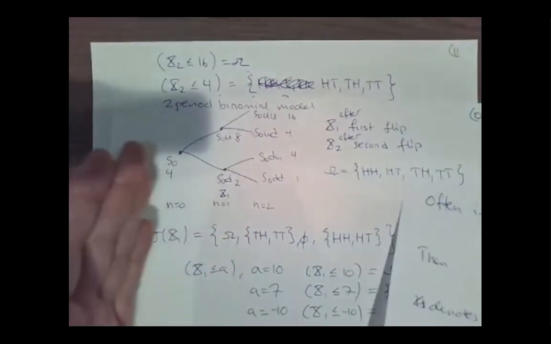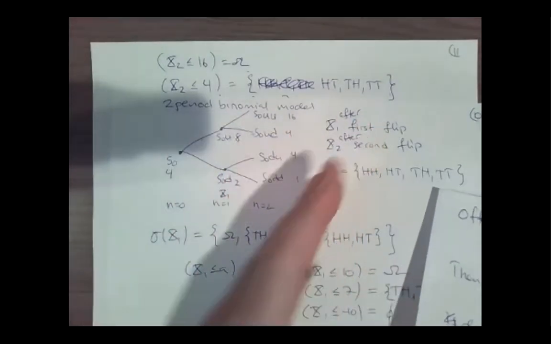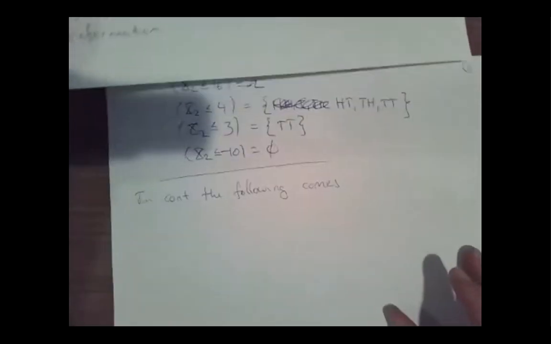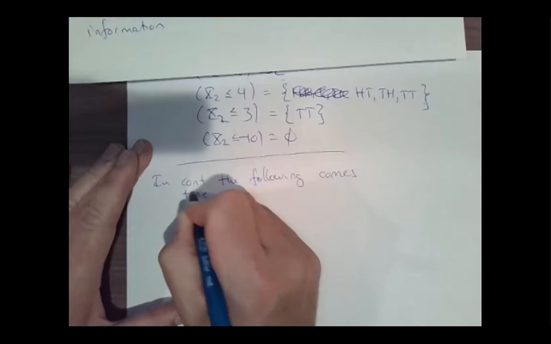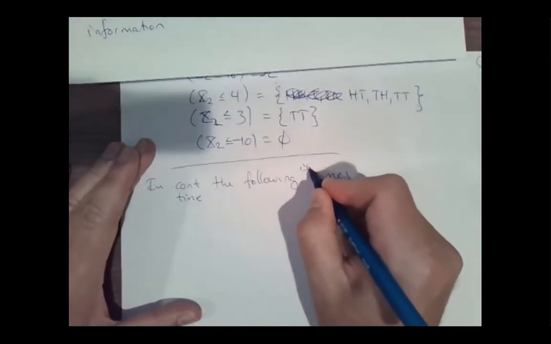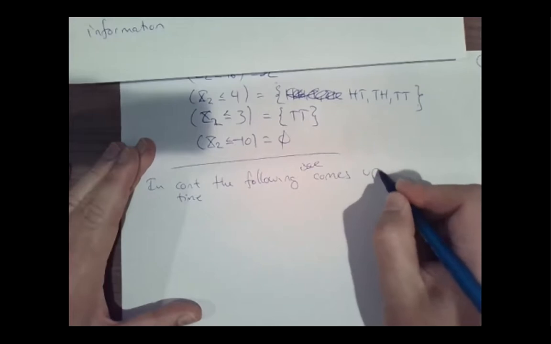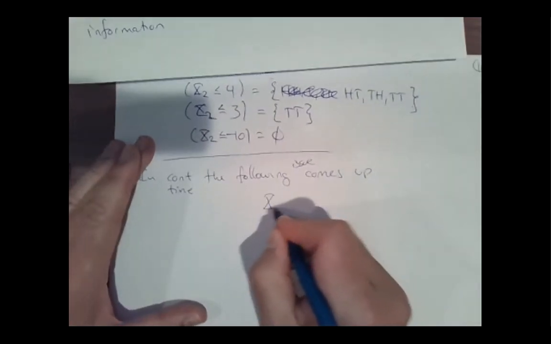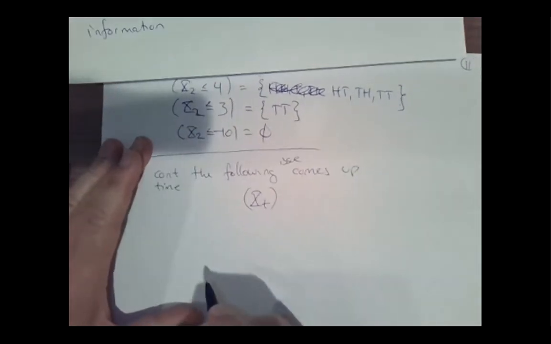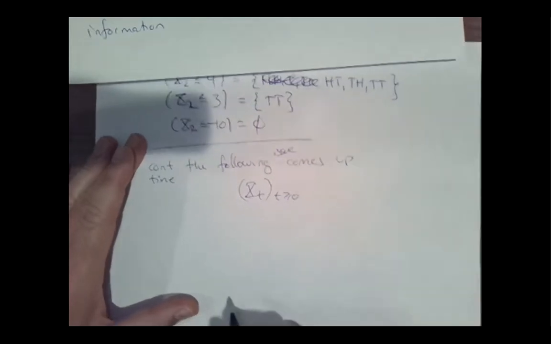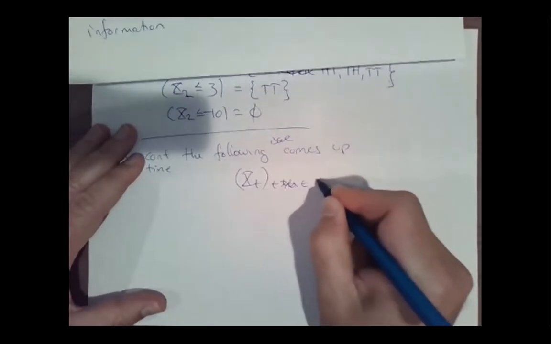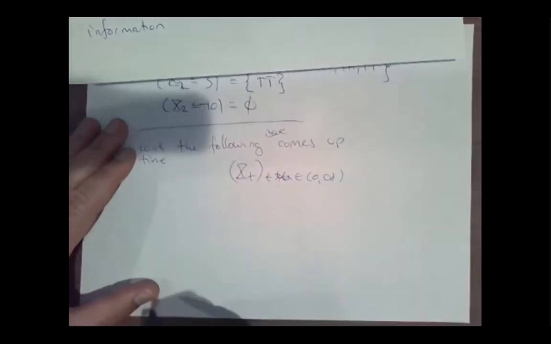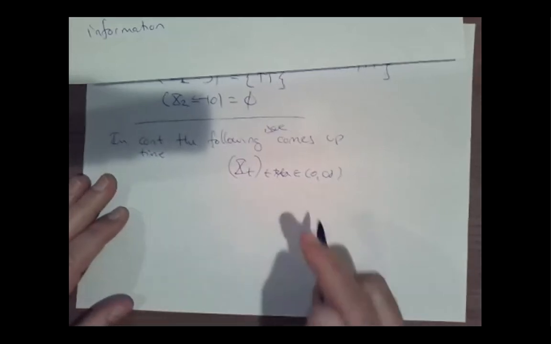In discrete time, we have countably many time points, but in continuous time, we have infinitely many. So in continuous time, the following issue comes up. I will have xt, but I'll denote the index by the positive numbers, because this is going to be my time.